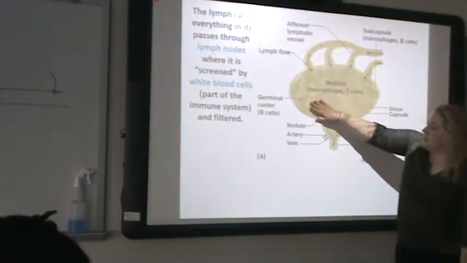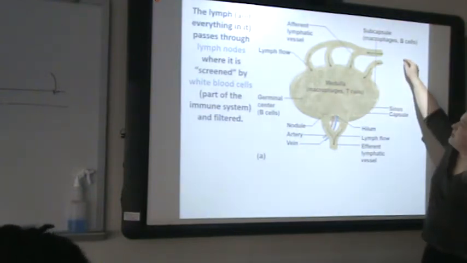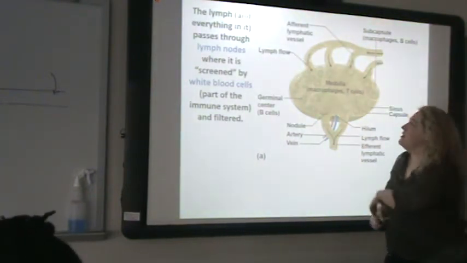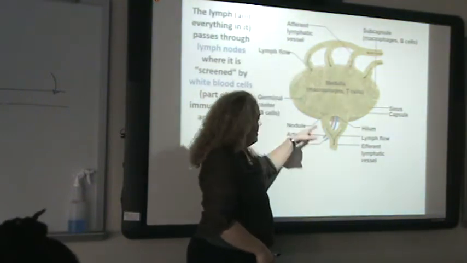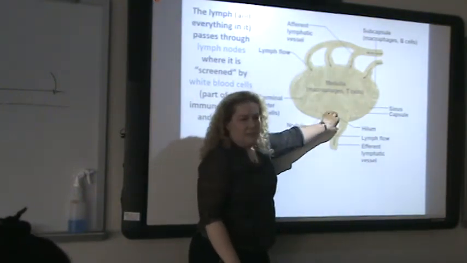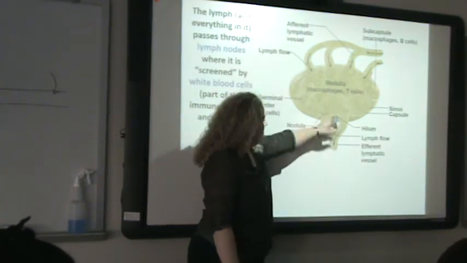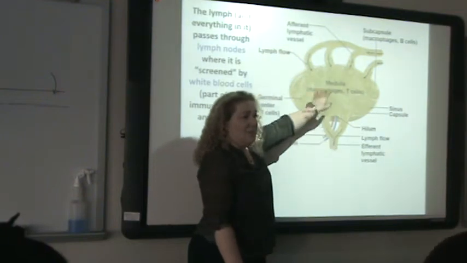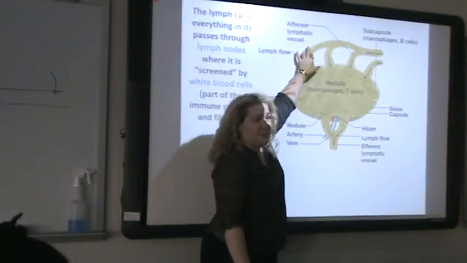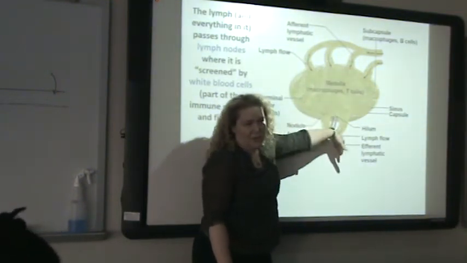So we've got white blood cells hanging out in here. There are lymphatic vessels coming in, that's called afferent. Coming in, afferent. This one is efferent, one vessel going out. So several coming in, one vessel going out. And we hope that whatever was dangerous coming in got stopped here before it went on toward the trunk.